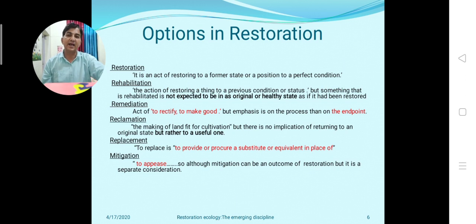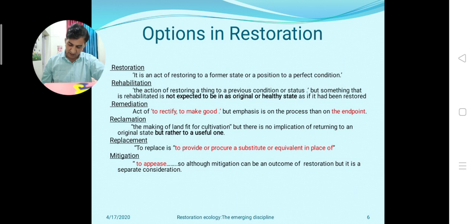Rehabilitation is an act of restoring a thing to a previous condition or status. But something that is rehabilitated is not expected to be in as original or healthy a state as if it had been restored.